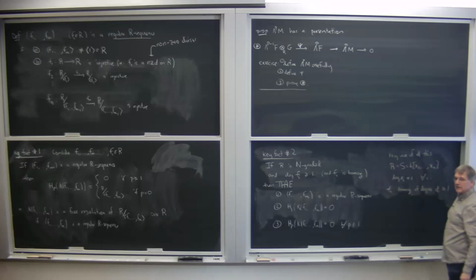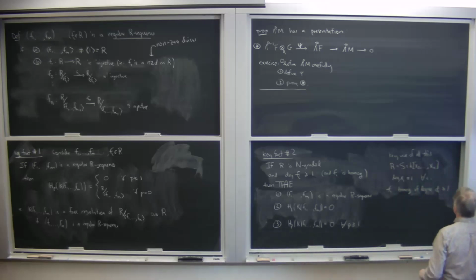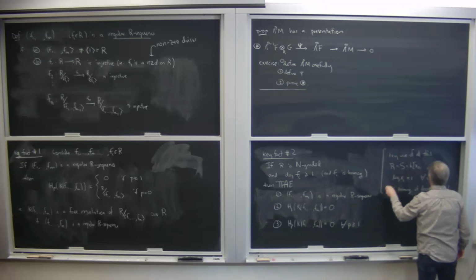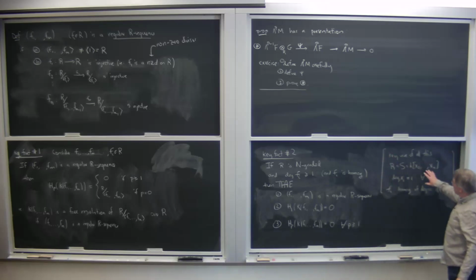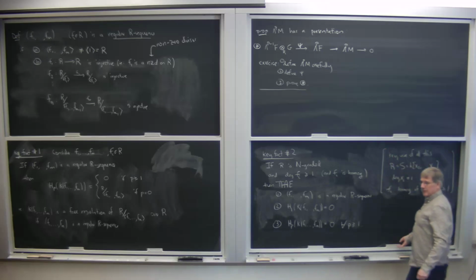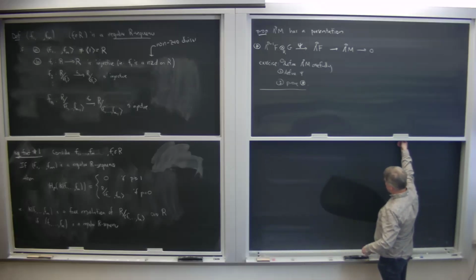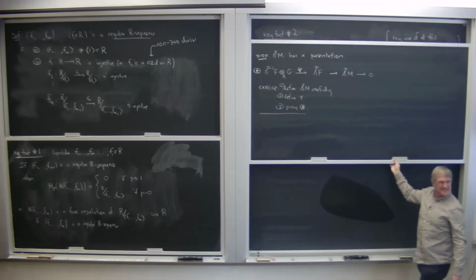You're not taking any of degree 0, because then it's either 0 or a unit, and we don't want either of those cases. This is the key use of it, and this is all projective geometry, essentially, which is what we're going to be doing.